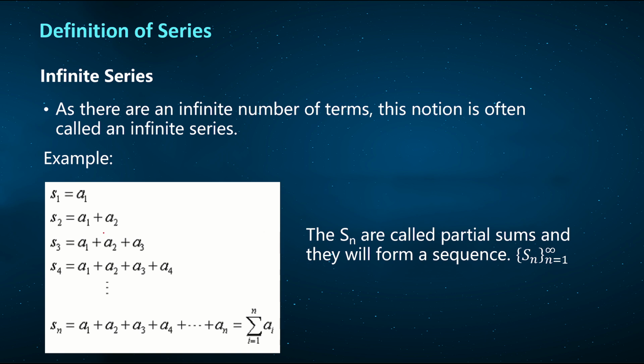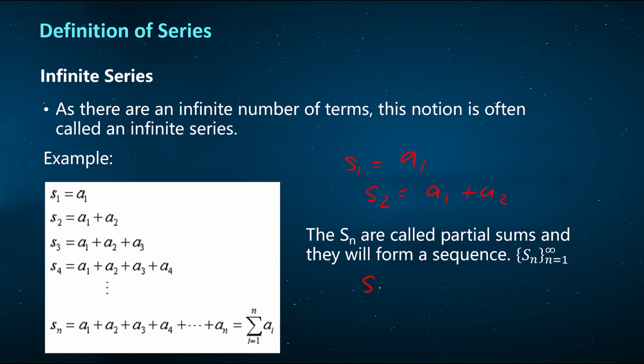So given this example, if you are asked to get the s sub 1, that is equal to a sub 1. For s sub 2, that is the summation of our first two terms, so that is a sub 1 plus a sub 2.